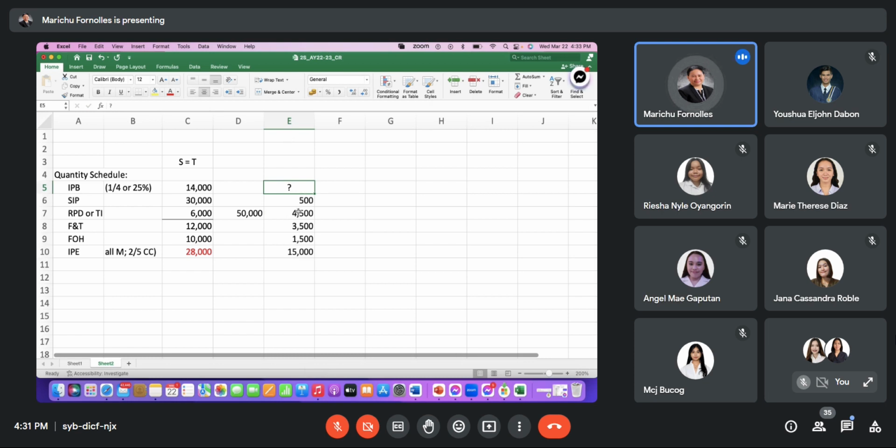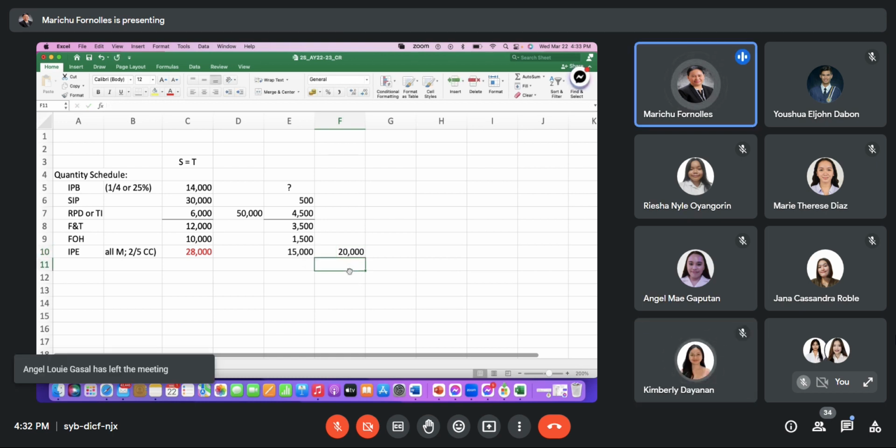So draw a horizontal line separating the sources from the targets. So the targets are complete. So our targets here is 20,000. Yes, Miss.